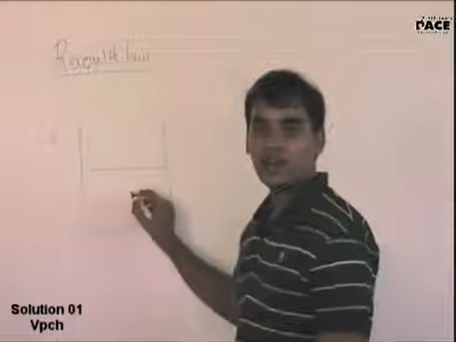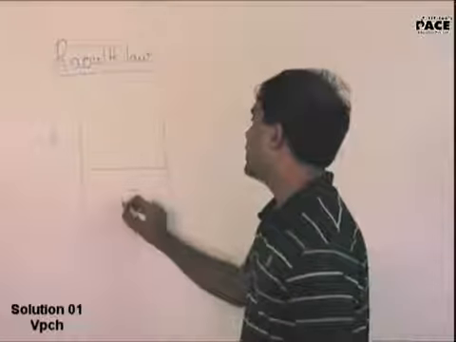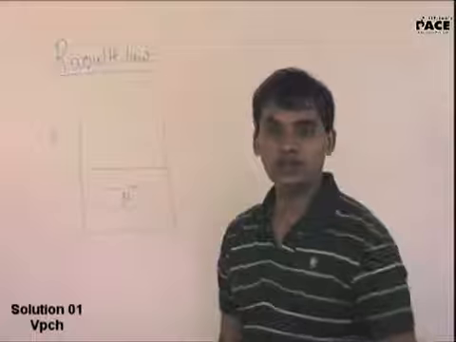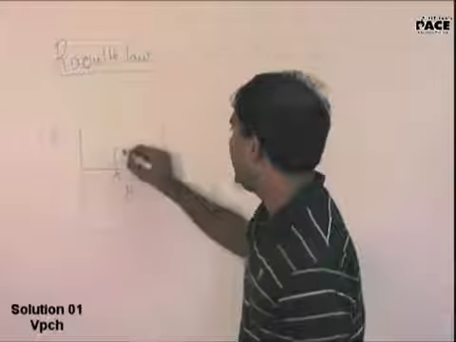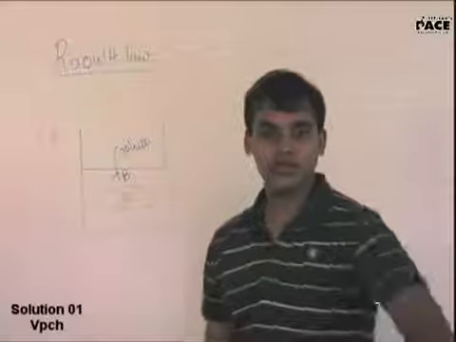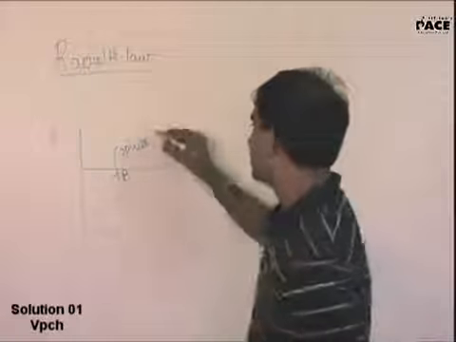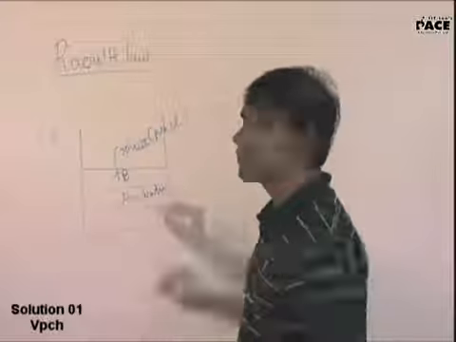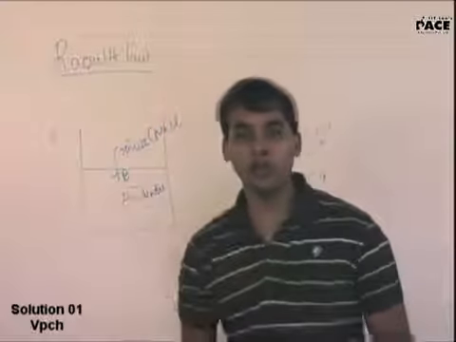Suppose I have a solvent A. Say it is water. And suppose I add a solute B. B is the solute, say NaCl, and A is water. Initially you had only pure water.